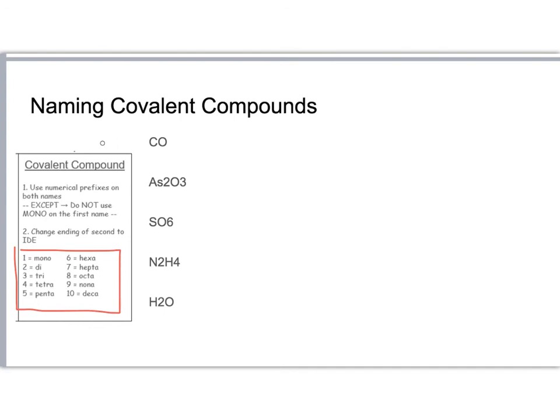So if I look at this chemical formula, I'm going to notice that there is no polyatomic ion, there is no metal, which means it is covalent, which means now I'm going to use my prefix system to name it. We name the first nonmetal with its given name, which in this case is carbon. It does have a subscript of 1, but we never use the prefix mono in the first position.